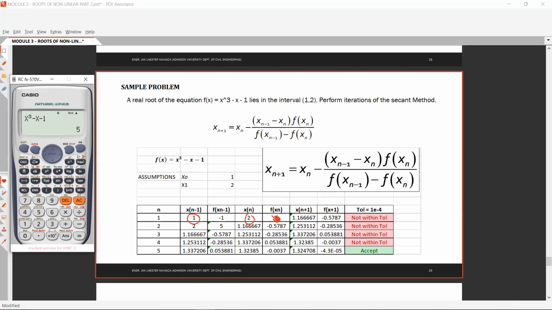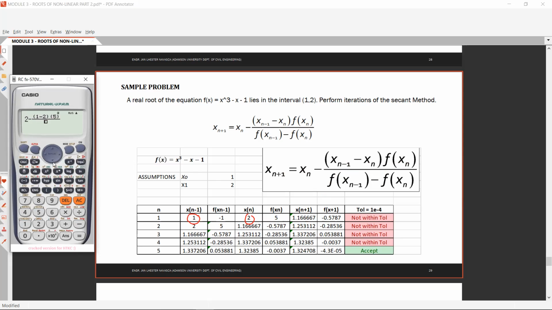Okay. Then solve for x sub n plus 1. Ito, solve na natin to. So solving x sub n plus 1, you have the equation x sub n, okay, so 2 minus yung n minus 1 natin, which is 1. Okay, 1 minus 2. Okay, comma f of x sub n, you have 5.